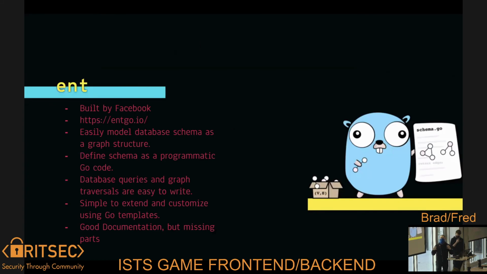Next is Ent. Ent is basically a database ORM built by Facebook, but instead of defining things as database specific, you define it as graphs and nodes in a graph. And each node could have different fields inside of it.